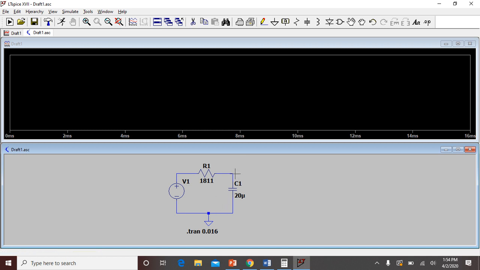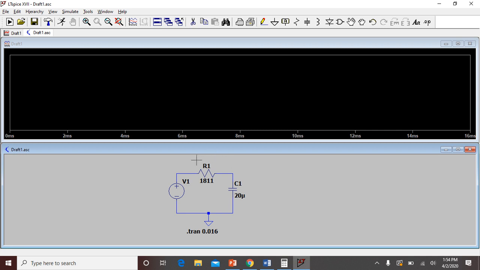That means the reference probe is always this ground. Since I have placed my cursor over here, this probe is over here. That means it will give me the voltage from this point to this point. And in between these two points I have a capacitor, so it will give me the voltage across the capacitor.